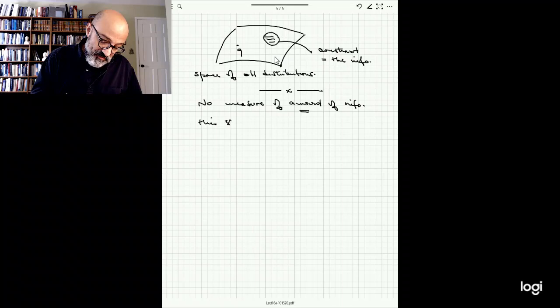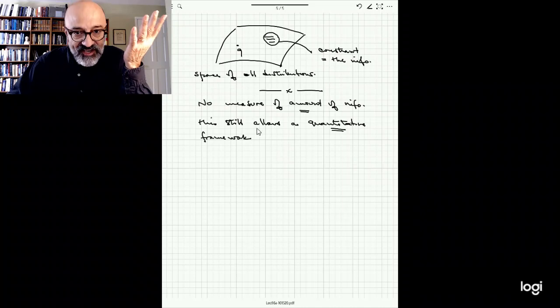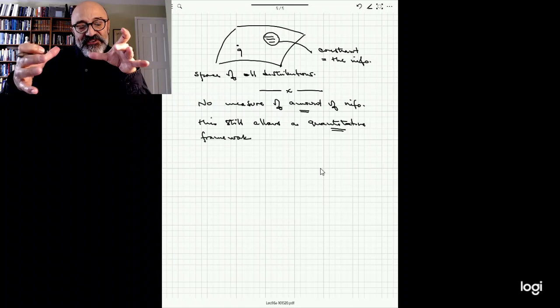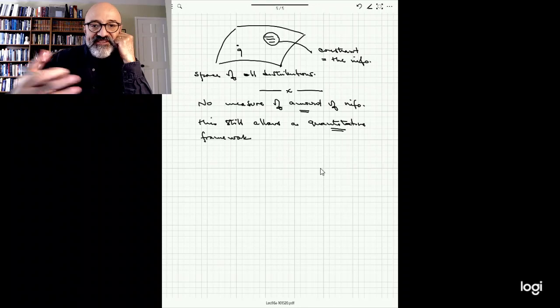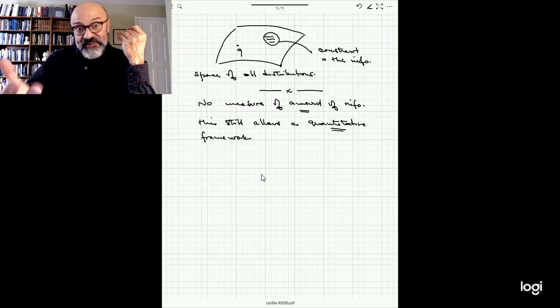This still allows a mathematically quantitative framework. And the reason, you probably realize this by now, is that if you have constraints, and you're trying to come up with methods for maximizing an entropy subject to constraints, that's a very mathematical approach. So we're designing the method in such a way that it is going to be pragmatically useful, namely you can do mathematics with it.